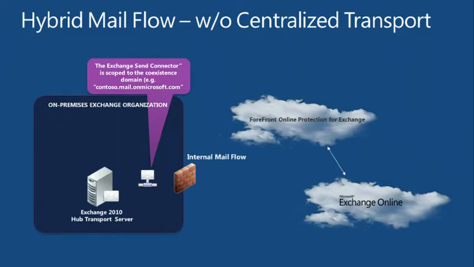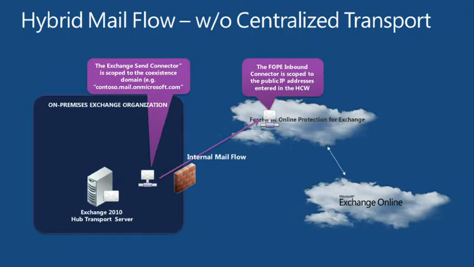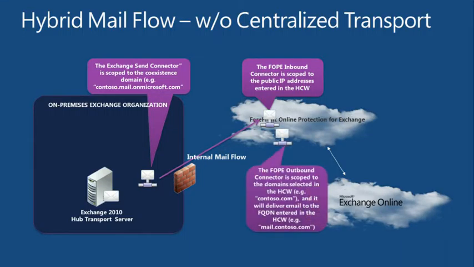So that's how we do our forwarding. The send connector is created. The IP addresses that you gave us in the wizard are used to scope the inbound connector in Forefront Online Protection for Exchange. So the public IP address of your Exchange 2010 Hub Transport server on premises is used to scope that inbound connector.